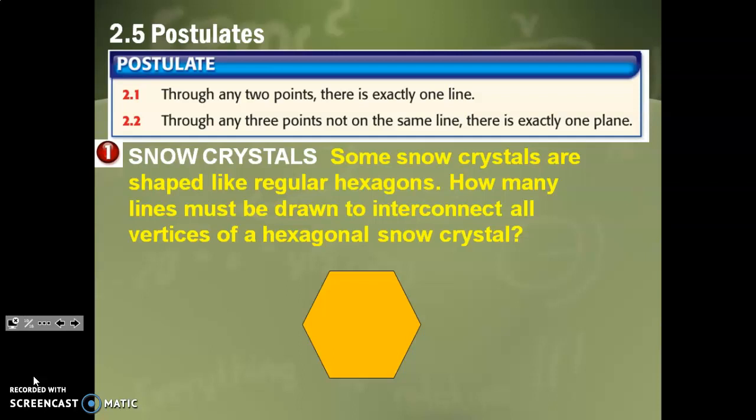So how many lines must be drawn to interconnect all vertices of the hexagon? So if we label these points A, B, C, D, E, F, and you count how many lines would go from each point, point to point. So if we do that, this is what it would look like.